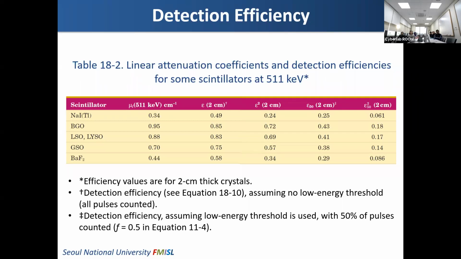So with better scintillating crystals in terms of stopping power, actually this is the linear attenuation coefficient. A higher linear attenuation coefficient means better stopping power. That is why in PET we don't use sodium iodide. We use much heavier and denser scintillating crystals like LSO. But we still lose many.